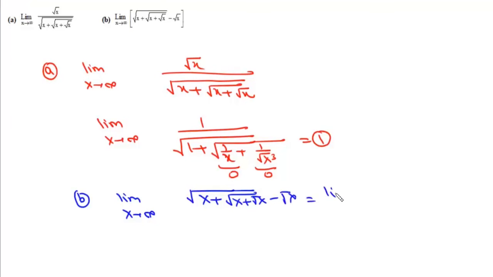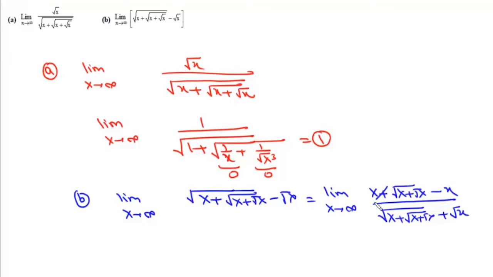Now we rationalize it, we can write this as limit x tends to infinity of x plus under root of x plus under root of x minus x, upon under root of x plus under root of x plus under root of x plus under root of x. Now the highest power of x in the numerator is 1 by 2 and the highest power of x in the denominator is also 1 by 2. Now the coefficient of x to the power 1 by 2 is 1 and here it is 1 plus 1, 2. So the answer to this limit is 1 by 2.